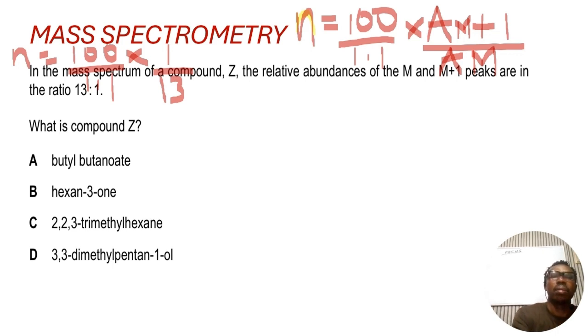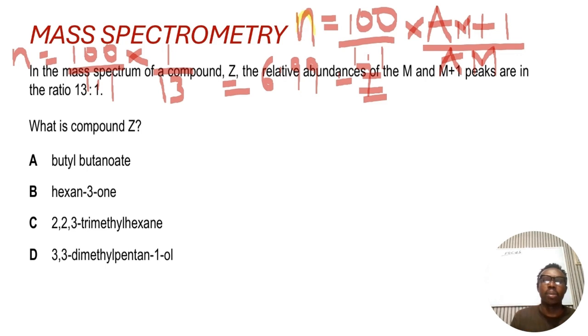So we have to calculate now. 100 times 1 is 100, divided by 1.1 times 13, which is 14.3. 100 divided by 14.3 will be equal to 6.99, which is approximately 7. So the number of carbon atoms will be equal to 7. That means the compound Z must contain 7 carbon atoms.